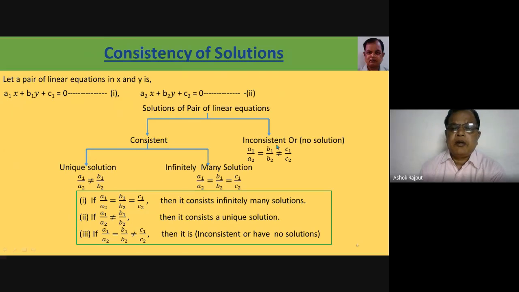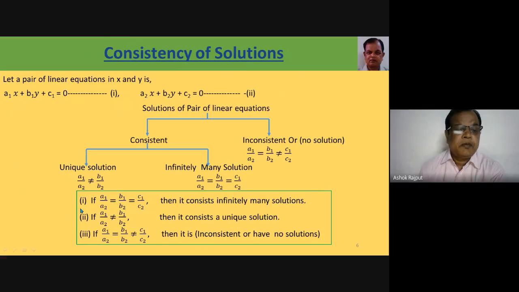If it is inconsistent, then we never solve it, because there is no need, as it does not have any solution. So the first one is a unique solution, the next one is infinitely many solutions. If it is a unique solution, it means one and only one solution is there, and here there are infinitely many solutions, so we can find many solutions.